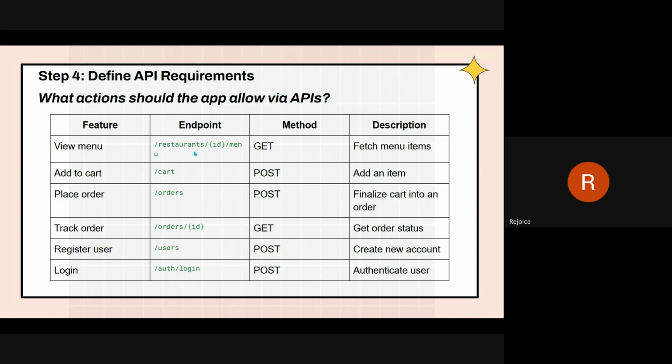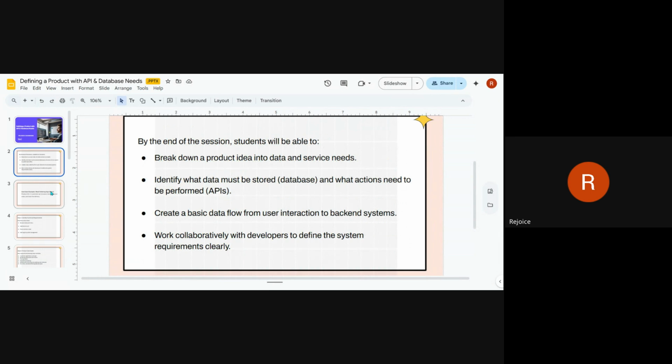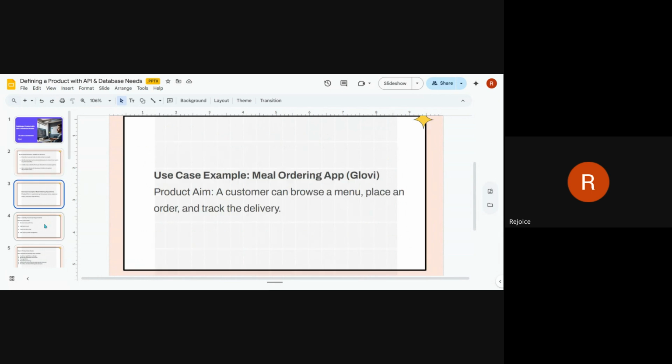Basically, since we're having everything for the restaurants for now, all users will just come and order. So that's why it's important to clearly define, at the beginning of the documentation, what it is that you're doing. So it's customer can browse the menu, place an order and track delivery.